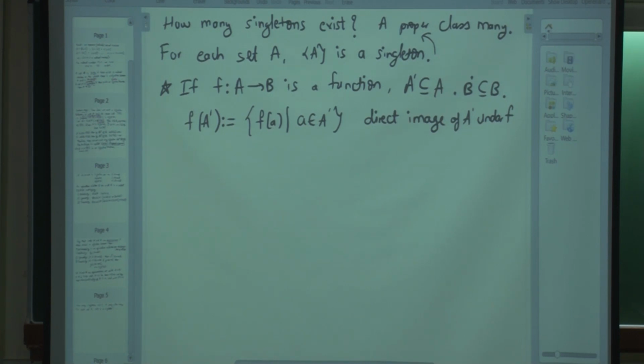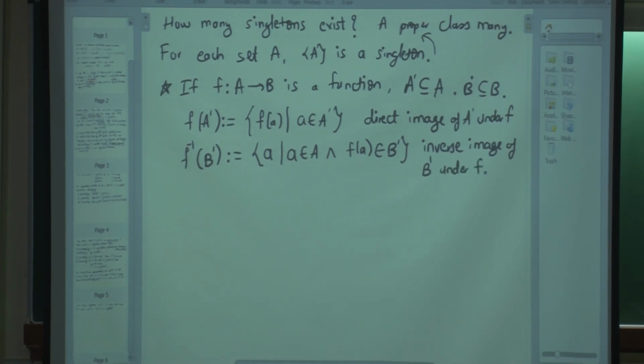Similarly, we can also define what is f inverse of B prime. What is it? All such a's such that a belongs to A and f of a belongs to B prime. Very good. So this is called the inverse image of B prime under f.